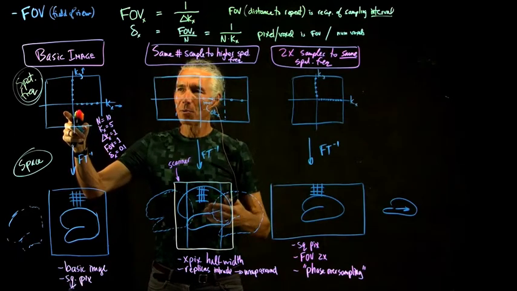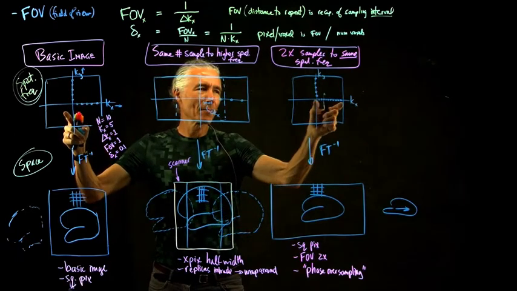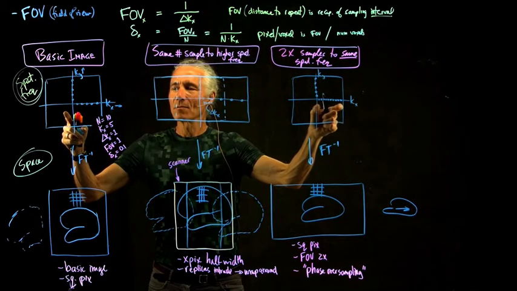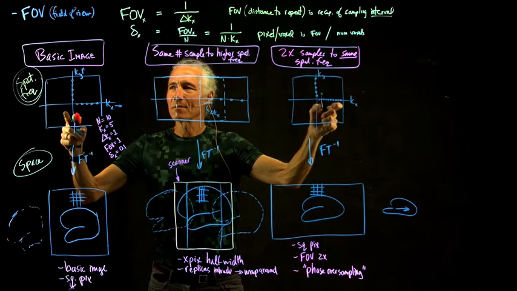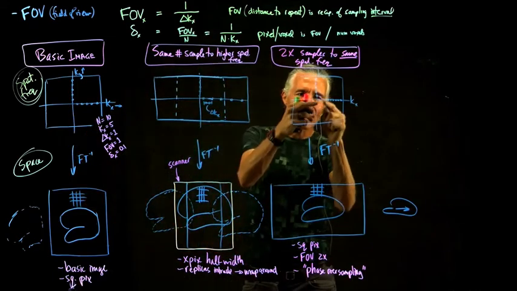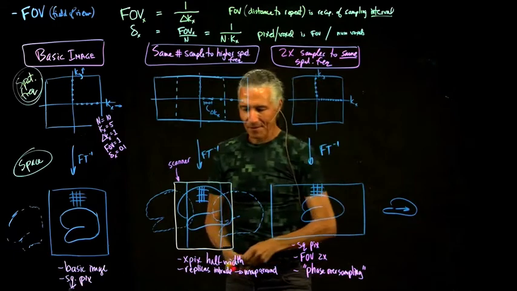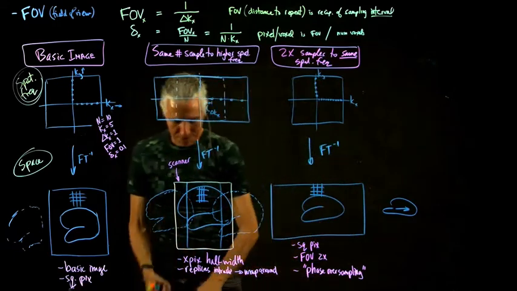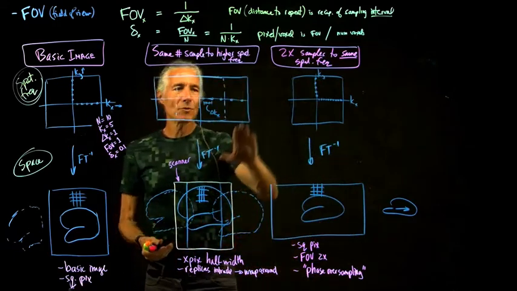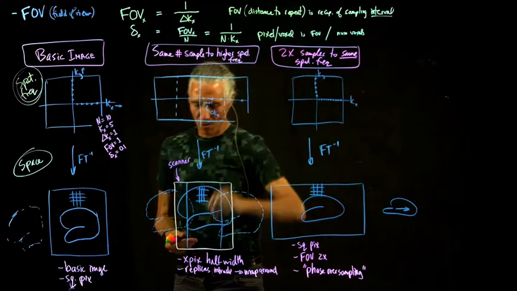So 120% phase oversampling means do 1/5 extra, increase the number of sampling steps by 20%. That's kind of confusing, but let's go through the calculation here just to show how it works.